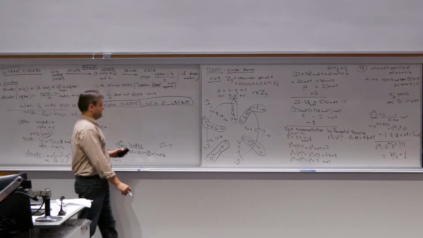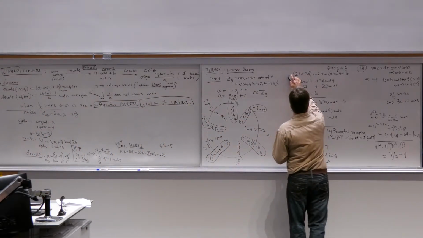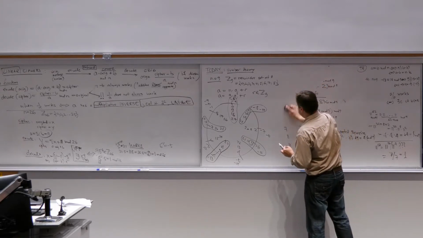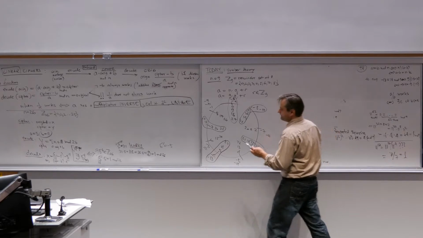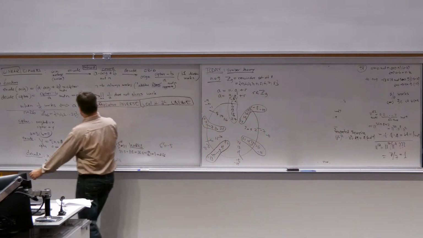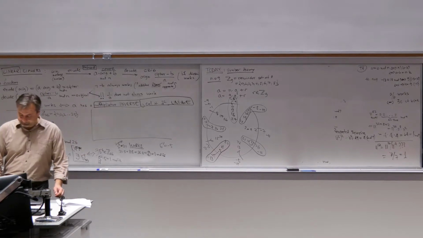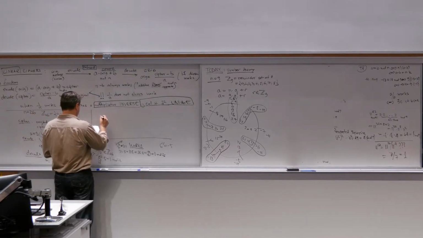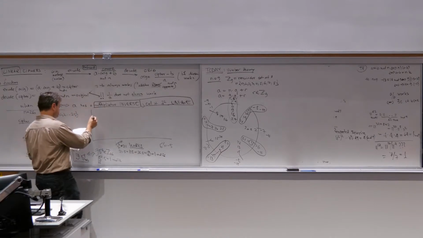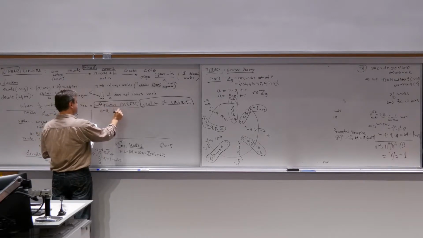Now, how about a different example? Still modulo 26, but I'm going to use a different A and B. A equal 4 and B equal 3.